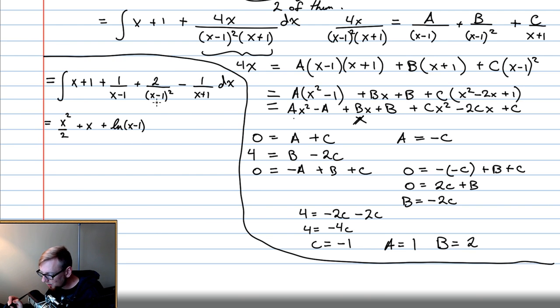The integral of 2 over (x minus 1) quantity squared: if you remember the power rule, this is just 2 times (x minus 1) to the negative 2. So if we go in the opposite order and add an exponent, we've got a negative 1. So that still works, and we might have to multiply by a negative. We'd have negative 2 over x minus 1.